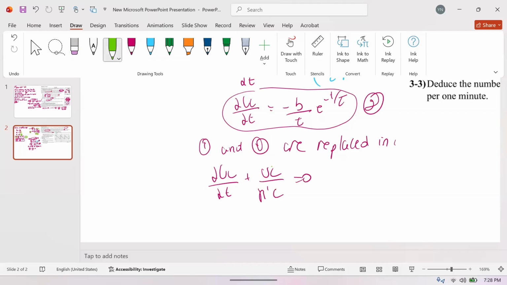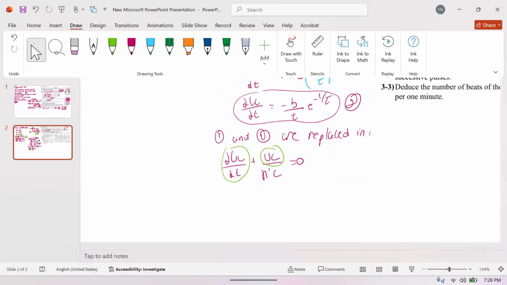Now expression 1 is uc, so this one here should be replaced with its expression. And we have the derivative duc over dt. It also should be replaced with its expression, which is equation number 2. So instead of duc over dt, look at expression 2. We should replace it with minus b over tau e^(-t/tau) plus 1 over r prime c.